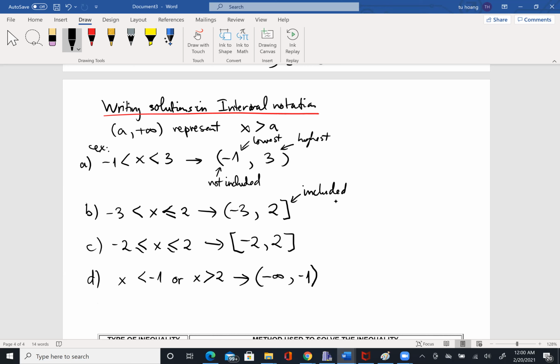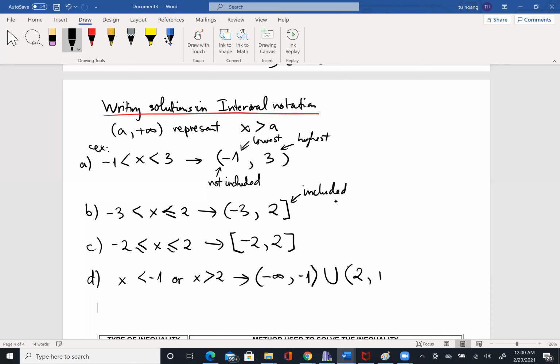Now I need to have the or. Or is union, so I put the union symbol. And then I have x greater than 2, so that means 2 is the smallest number. Not included, right?